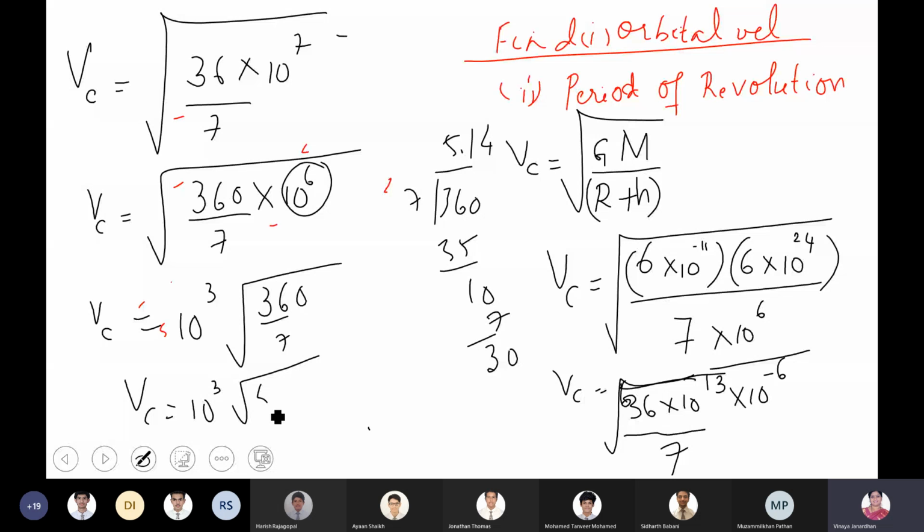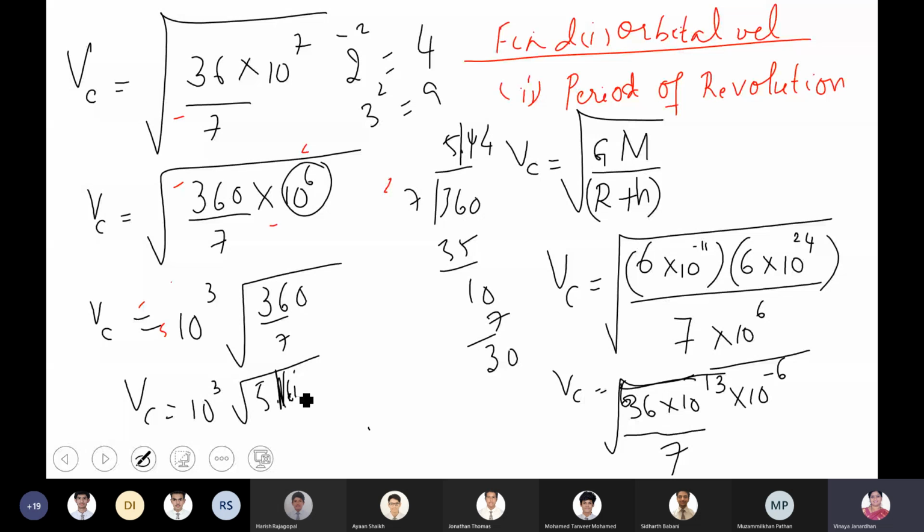Now, boys, suppose I take 2 squared is 4, 3 squared is 9. Sorry, boys, 51.4. So in that sense, your square root will be somewhere around 7. 7 squared is 49, 8 squared is 64. Around 7.